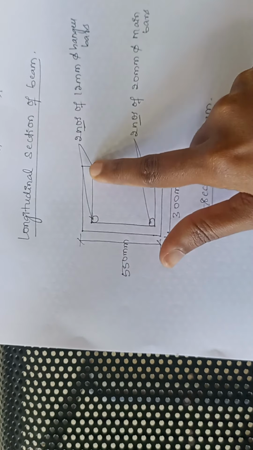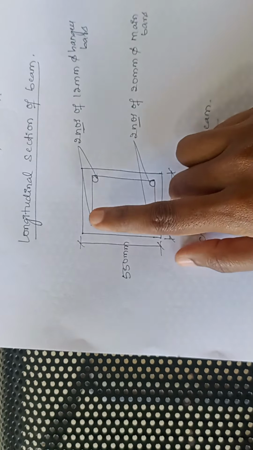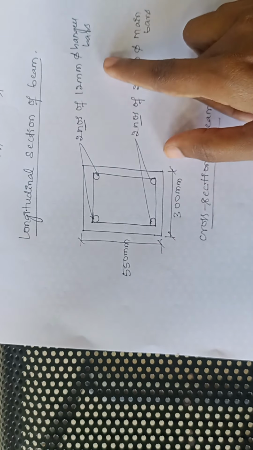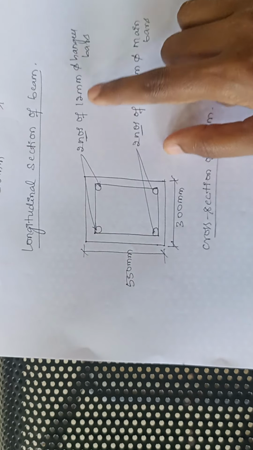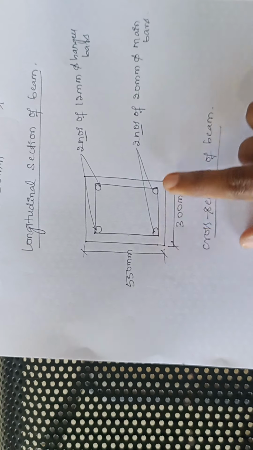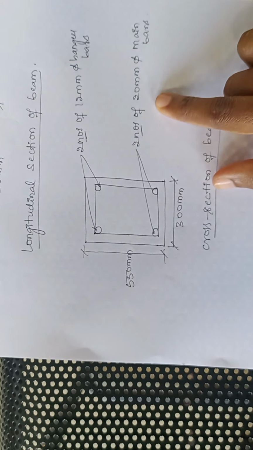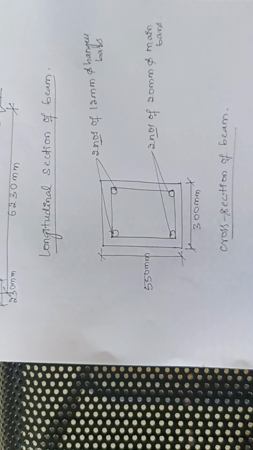The inner rectangle represents your two-legged vertical stirrups, and the top two circles represent the top bars, that is, the hanger bars, which are two numbers of 12 mm dia, and the bottom two circles represent the main bars, which are two numbers of 20 mm dia. So that completes your cross section, and this completes the whole design of your singly reinforced beam.